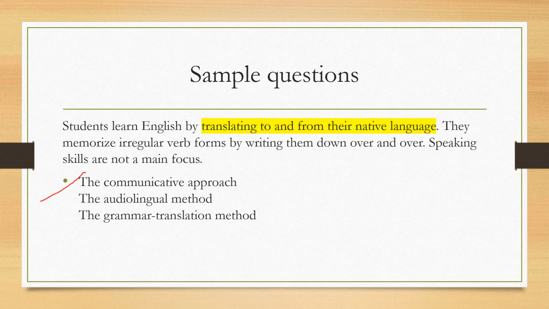Is it the communicative approach? Is it the audiolingual method? Or is it the grammar translation method? Firstly, you can cross out the communicative approach because I didn't discuss it in this video. So if you remember, I discussed these two methods in detail in the video, and you know what the audiolingual method is all about.